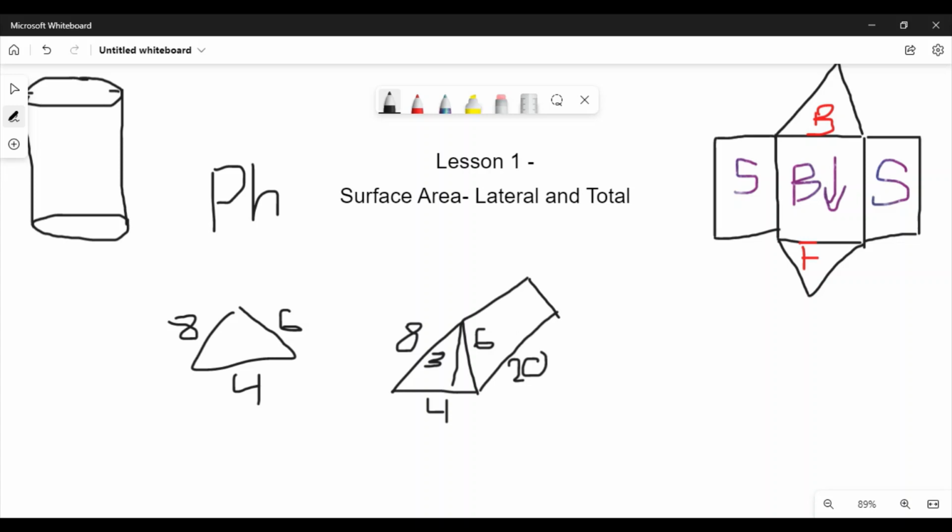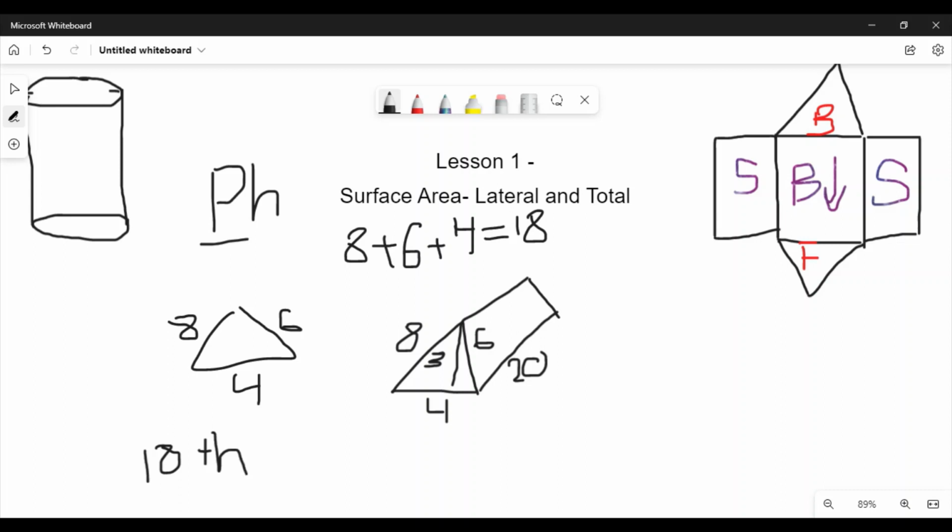So you add those up: 8 plus 6 plus 4, and that equals 18. Now you have the perimeter of the base, so you can go ahead and write in 18 times h.